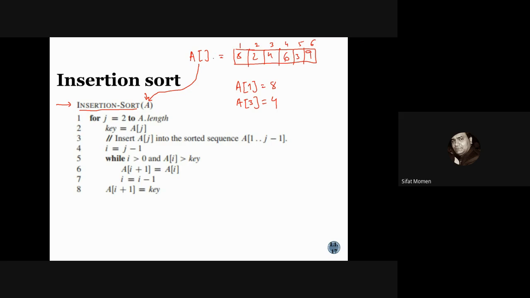Now, whenever we write pseudocode, in most cases when dealing with an array, I take the starting index as 1. What if I take the starting index as 0? No problem, that's also okay. But if someone writes the starting index as 1, it's still valid. Is it clear? Are we good?